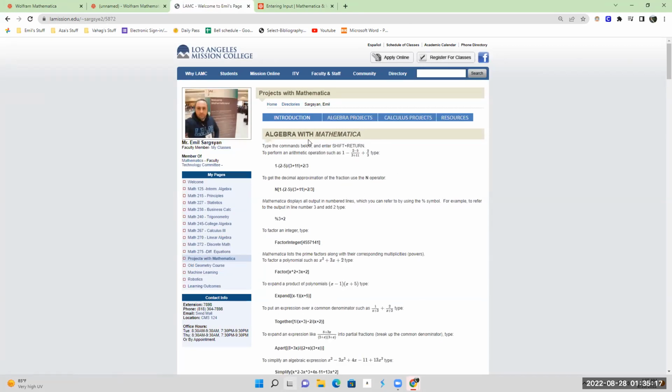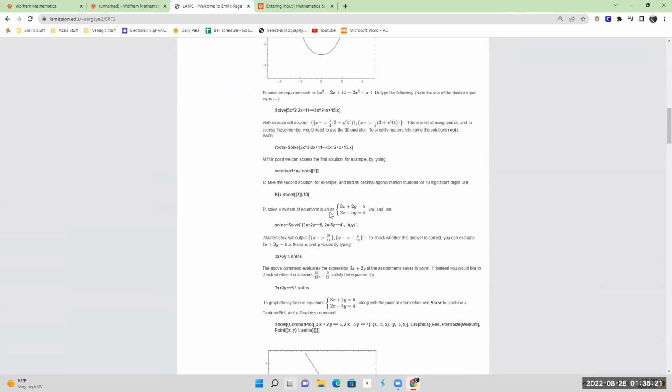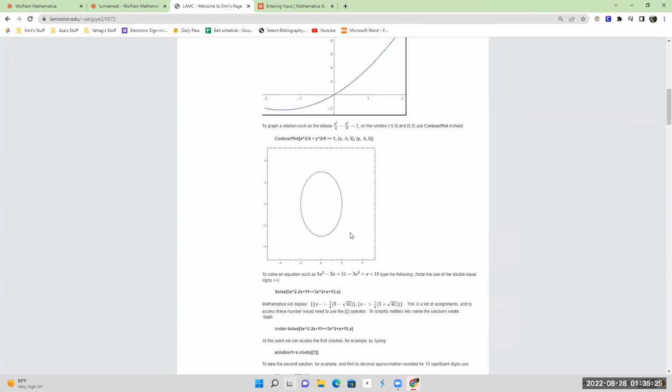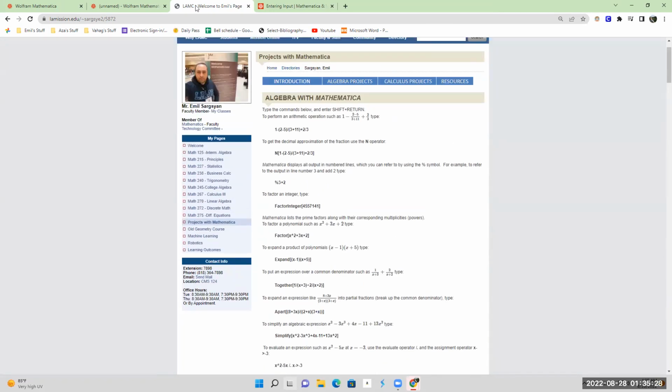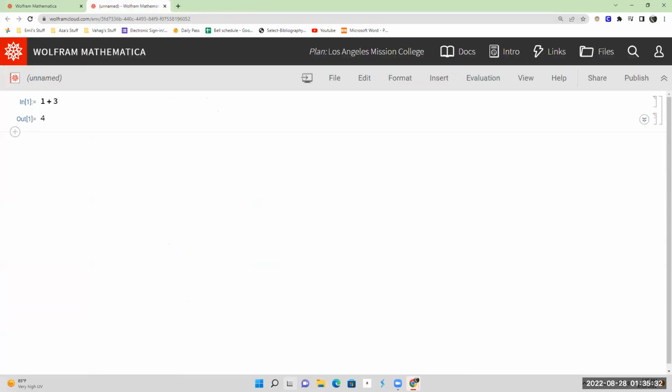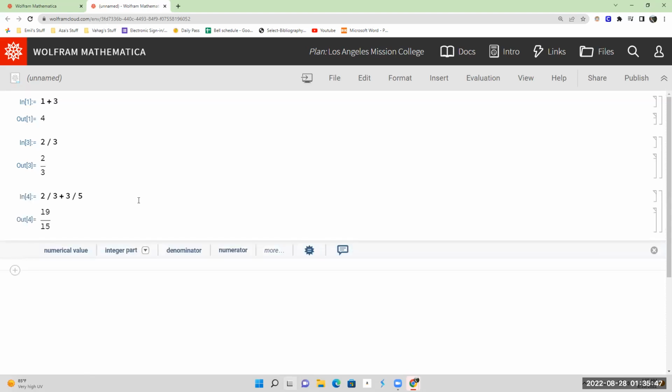Actually, you should see the algebra with Mathematica resources and the working with functions. So I'm just going to go through a couple of these ideas now for you. Okay, so most of arithmetic works as you would expect. So for example, fractions work as you would expect them to work. It treats them normally as fractions.